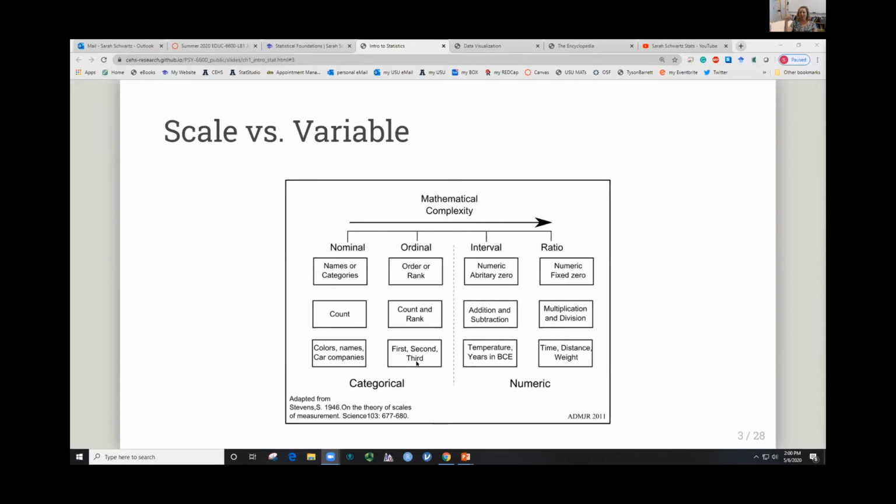A lot of times it's interval, but not quite ratio. We really don't have a 0 point, and we usually overlook that in most of our mathematical calculations. But you have to be careful: you can't say double when there is no 0. That's the problem with ratio. So if a temperature is 10 degrees versus 20 degrees, is 20 degrees double the temperature of 10 degrees?